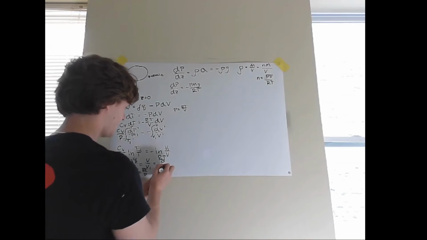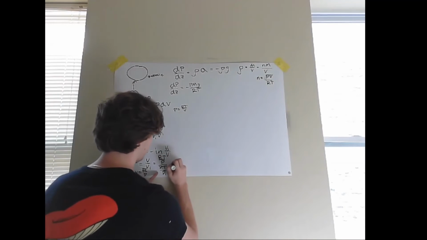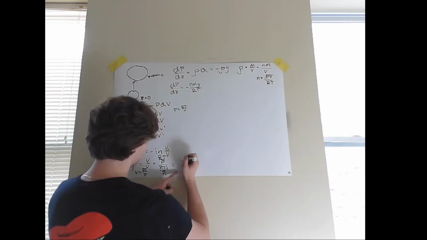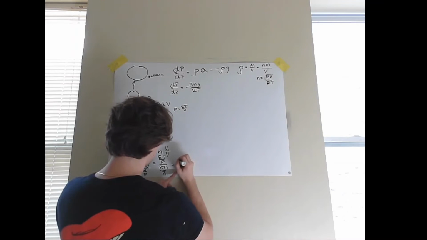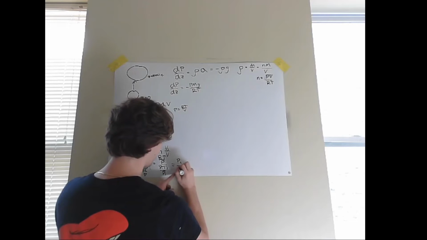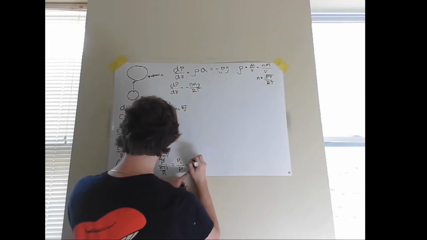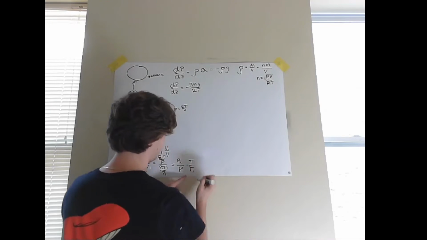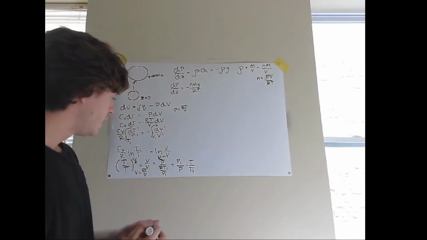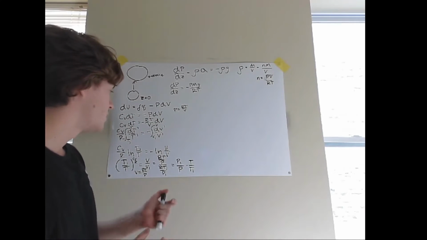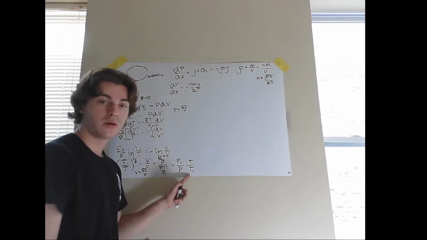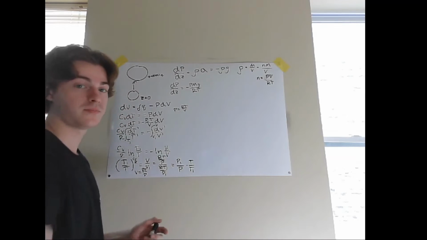These R's are going to cancel, and we're going to be left with P1 over P times T over T1. And then from here, I'm going to multiply both sides of the equation by T over T1 in order to get rid of this term.